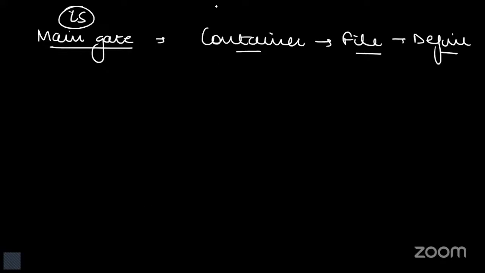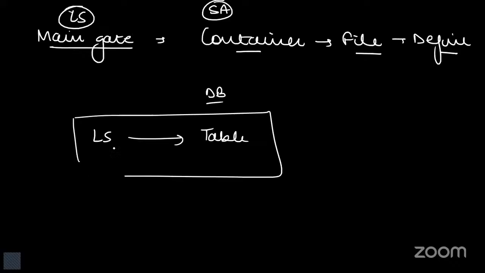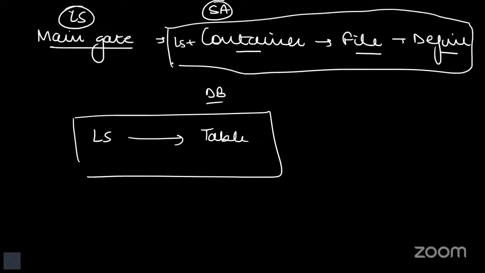This is for a storage account. If I'm in a database, then the linked service will take me to the main gate, then to the table that I want to work with. This together, the linked service along with the container, file and the definition of the file, is called a data set.